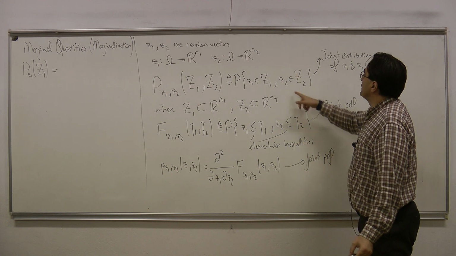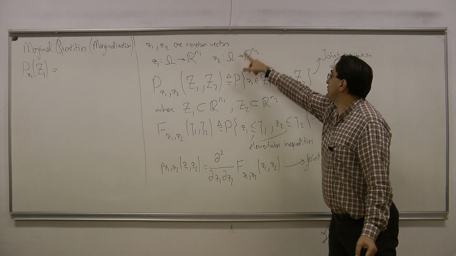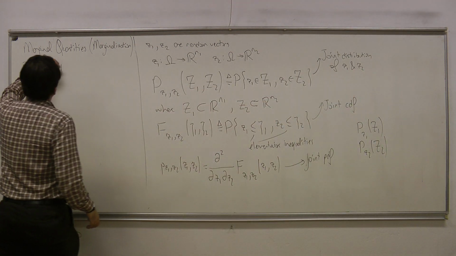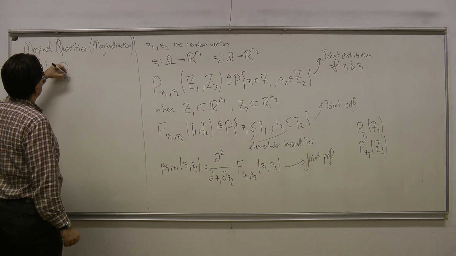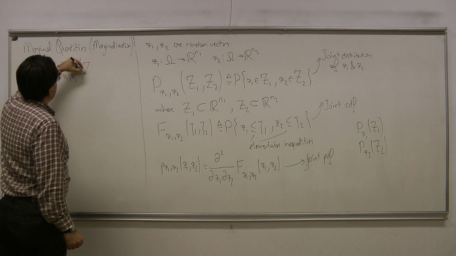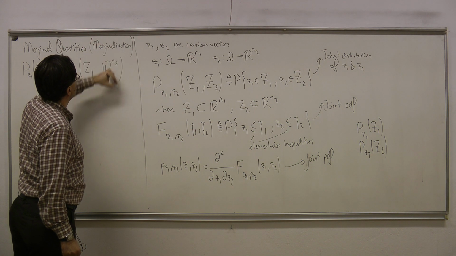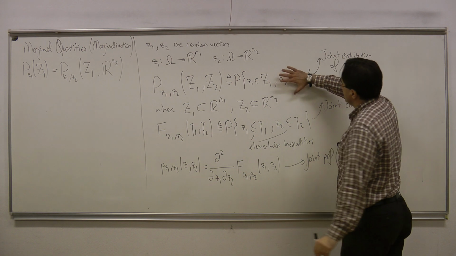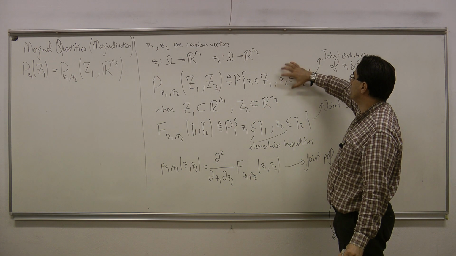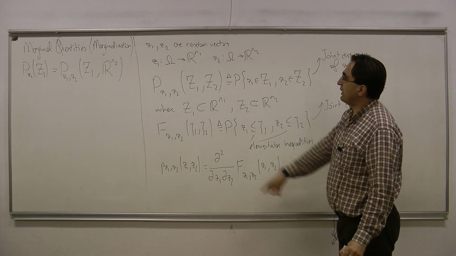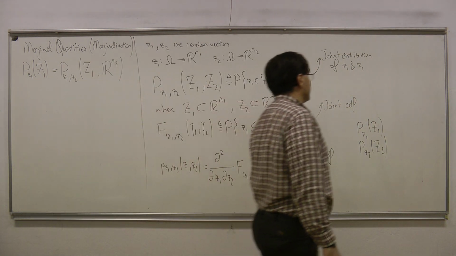I can do that by choosing capital Z2 to be the overall space of the random vector, which is R^n2. So I can make the marginalization of this joint distribution as follows: I keep capital Z1 as it is, and instead of capital Z2, I substitute R^n2. In that case, this event is a sure event, so I can remove this event from the probability calculation, and that gives me the marginal distribution function.